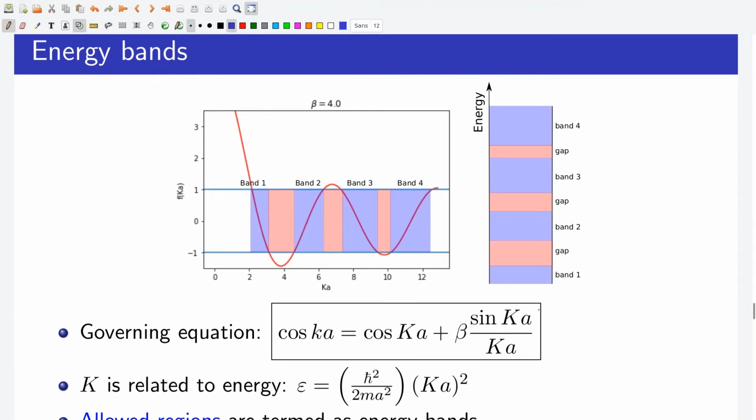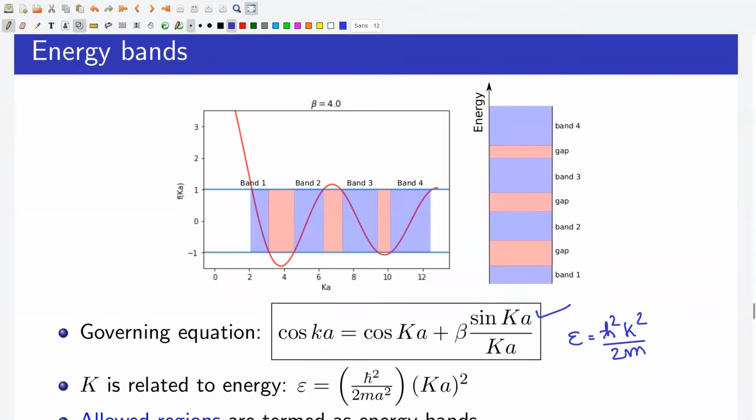So, this is our governing equation which determines the allowed and forbidden regions. Capital K is related to energy: E equals h-bar squared K squared by 2m.